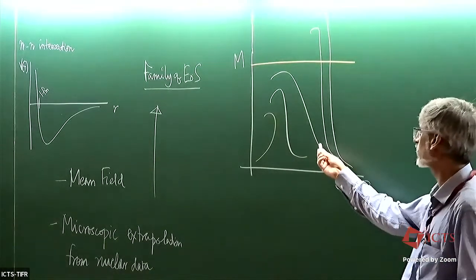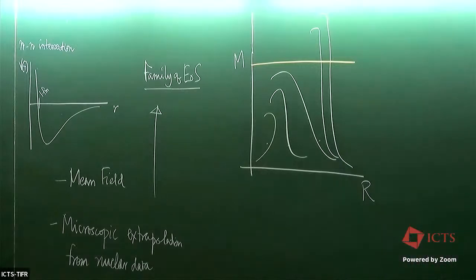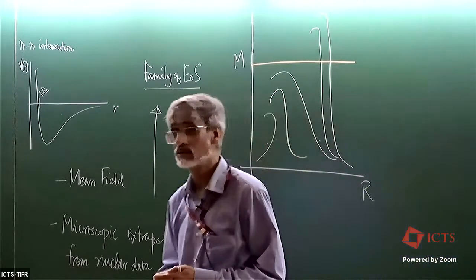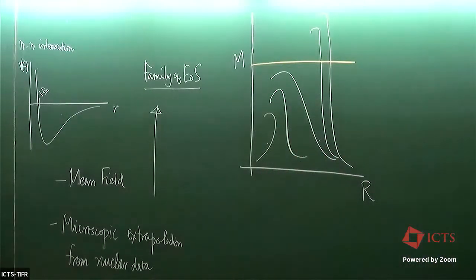Clearly, the extrapolation that produced these equations of state does not match that observation. So therefore, we can rule out those equations of state. So just the mass measurements alone can distinguish between some families of equations of state.